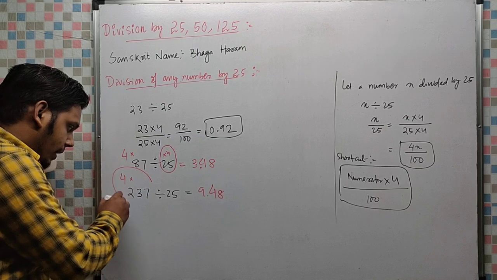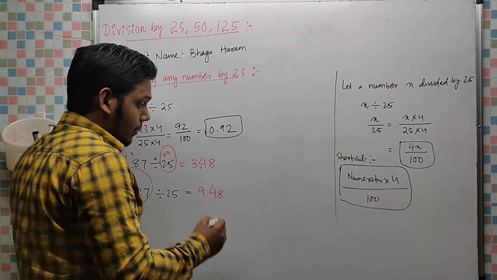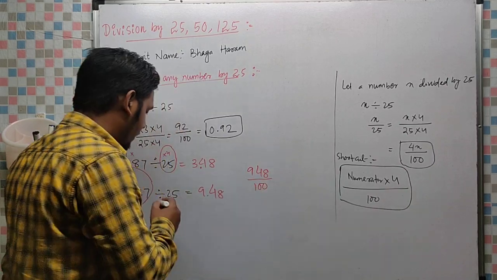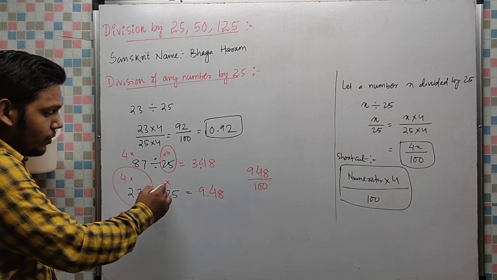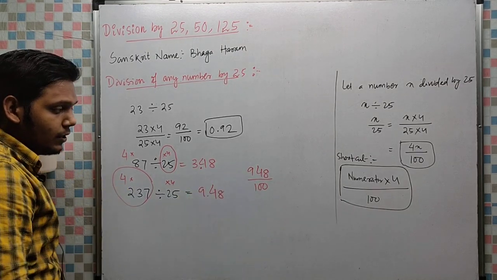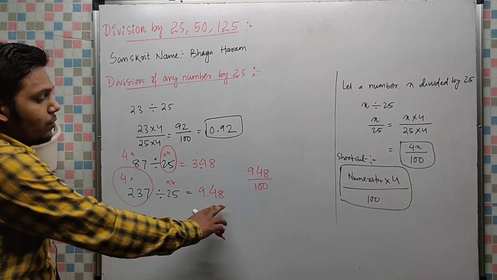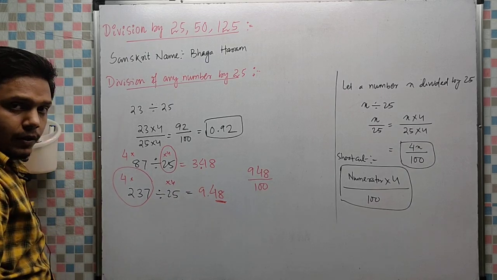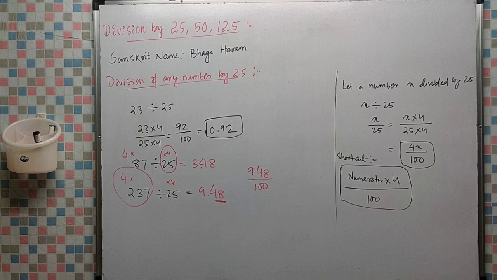The actual answer is 948 by 100, because we are not going to multiply 4 only with the numerator, we have to multiply 4 with the denominator also. So by 100 it will become 9.48. So whatever the product is coming, you have to keep 2 digits after the decimal. This is the way to solve division of any number by 25.